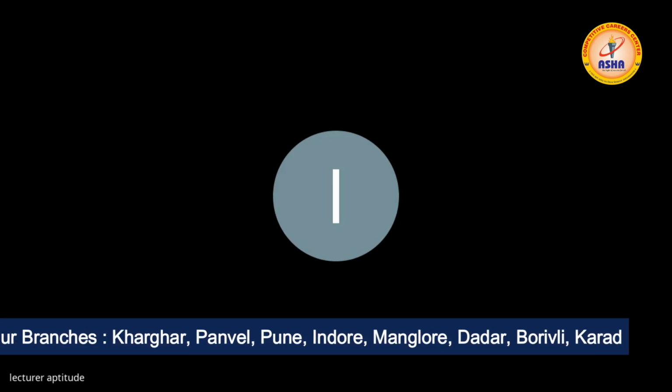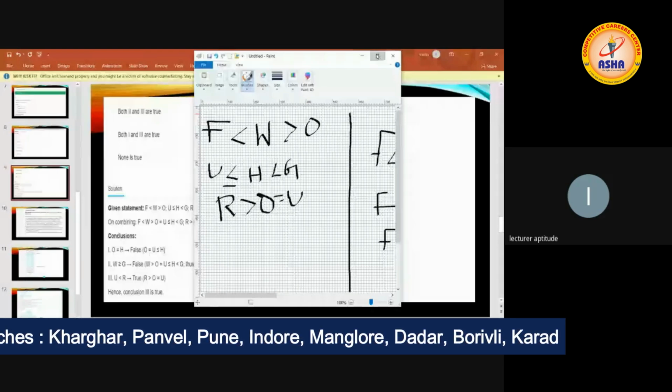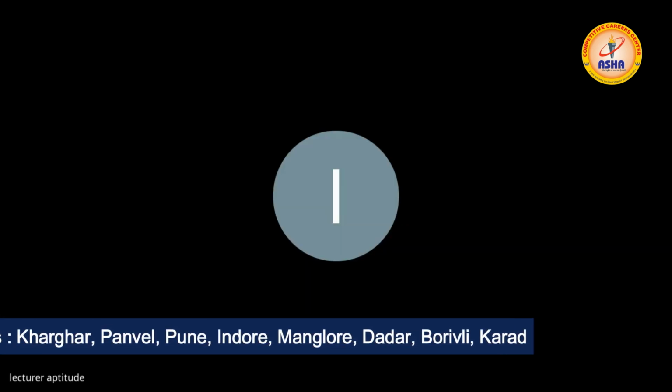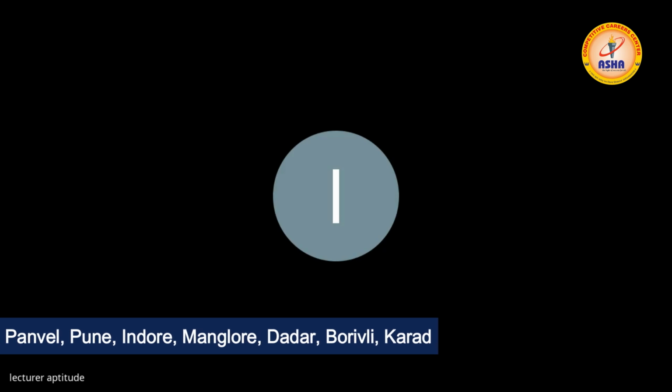And the third statement is U is less than R. From the statement, what is the relation between U and R? R is greater than O, sorry, equal to U. So R is greater than U. Correct statement.